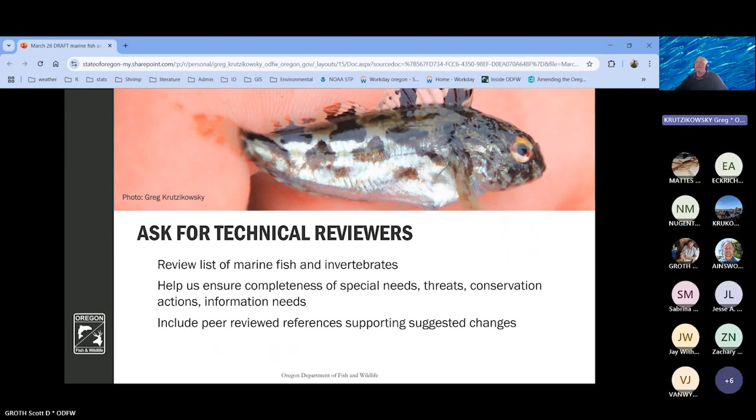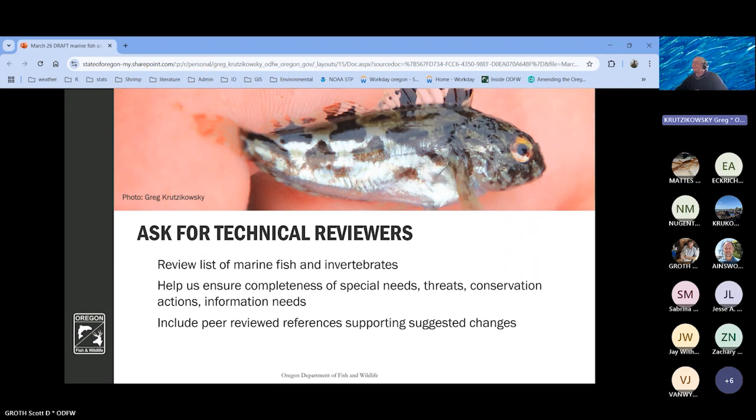We're asking for your help principally on the ecoregion designations, which is pretty simple for most of these fish because they're all in the nearshore ecoregion, the special needs, the threats, the conservation actions, and when making suggestions, whenever possible, again, please provide appropriate peer-reviewed references and published sources.